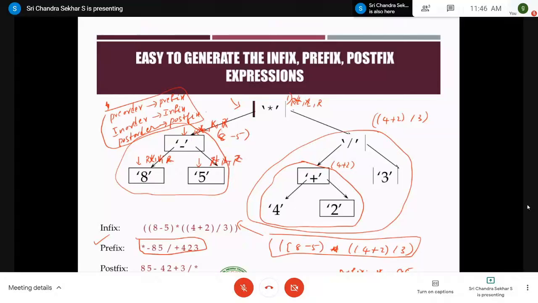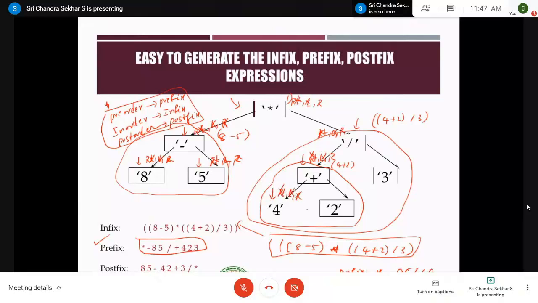This is also completed. You go to the parent of minus, which is nothing but star. Therefore root and left are completed. You are left with right, that is, go right. Here we have root, left and right. Root is nothing but you print the division and you go for left. Again root, left, right. Root is nothing but print plus and then go to left. Here we have root, left and right. Root means 4.